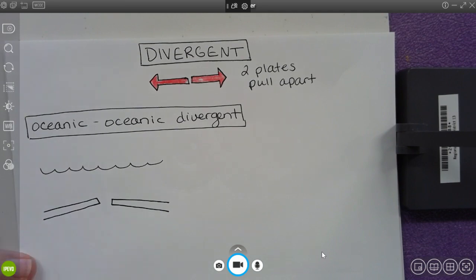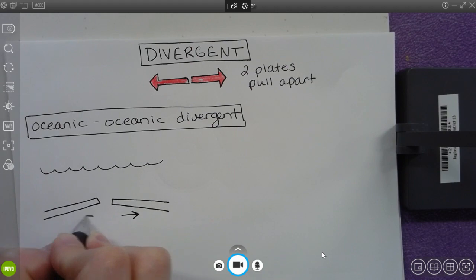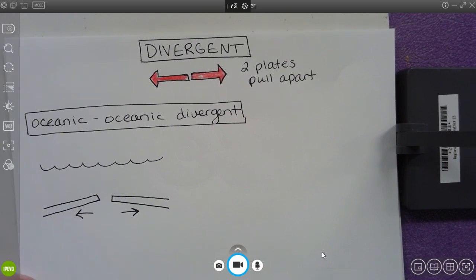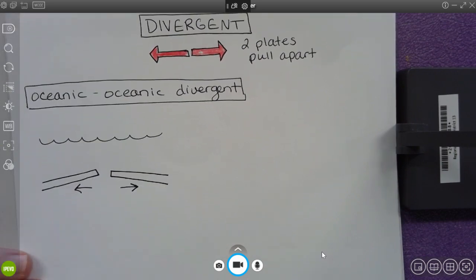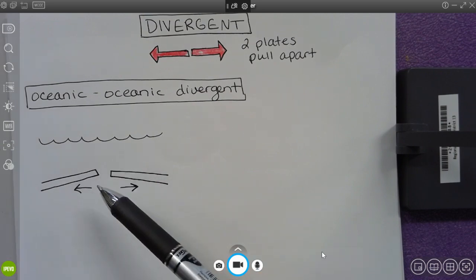And I'm going to show that I've got movement away. So these are moving away from each other. Okay? Now, you might think that in a divergent boundary like this, it's natural to think that what we're doing is we're forming a hole. But that's not what's happening.